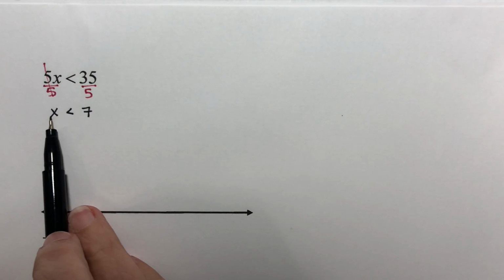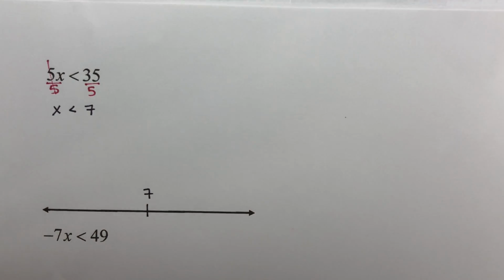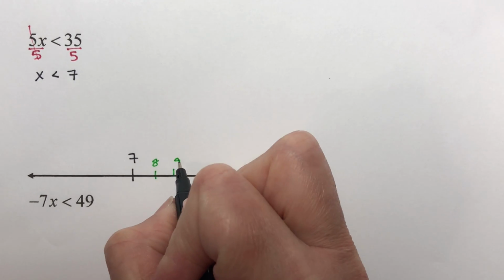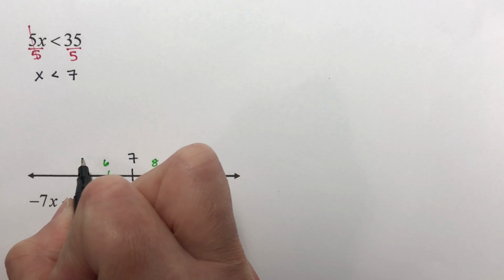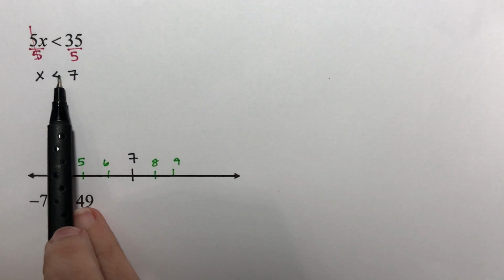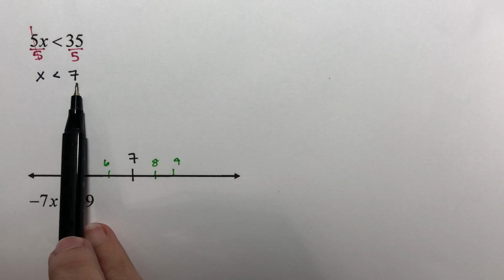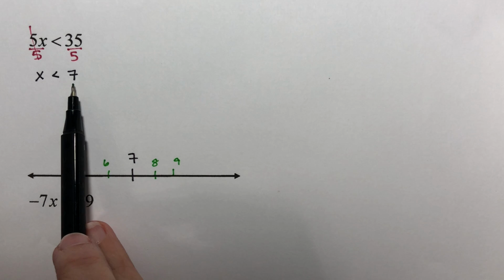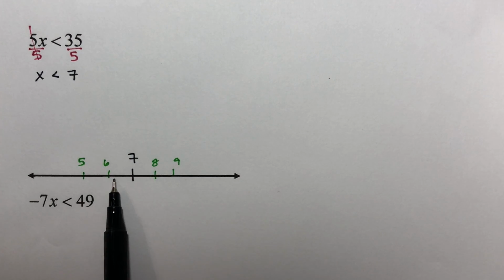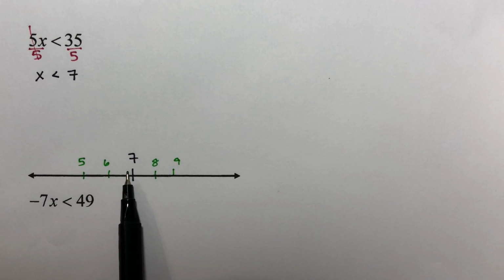So I need to graph x is less than 7. Put 7 on your graph. Put in some more numbers if it helps you. I'm looking for numbers that are, this is on the narrow side, so smaller than 7. Remember, for your alligator, eat your bigger number because it's really hungry. Numbers that are smaller than 7 are over here, correct? 6 is smaller than 7, 5 is smaller than 7.